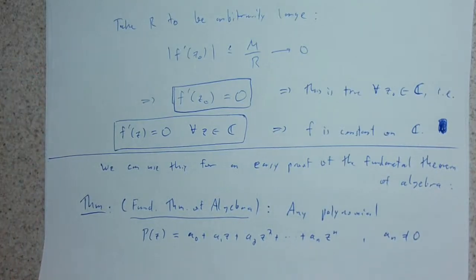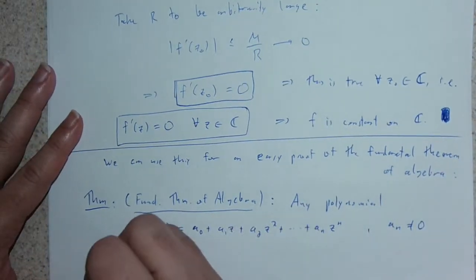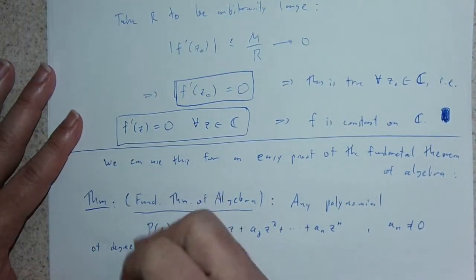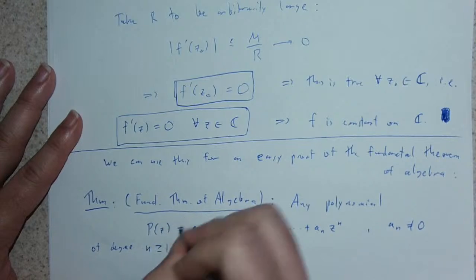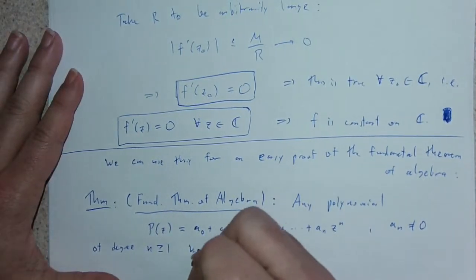Where we take the leading coefficient to not be 0, just so that when we see this written out, we can say its degree is n, right? So a sub n is just the largest coefficient which is non-zero. Okay, so any polynomial of degree n greater than or equal to 1 has at least one zero.